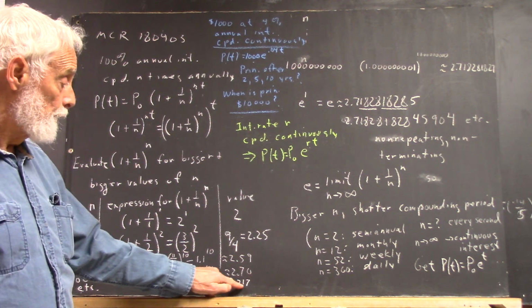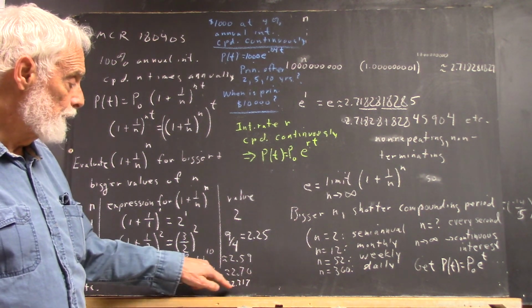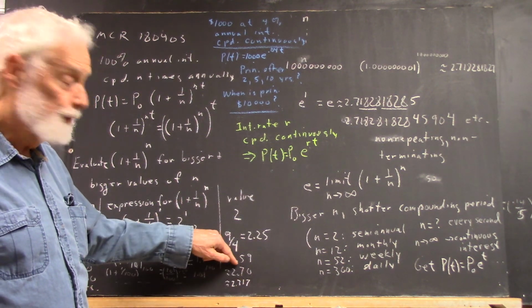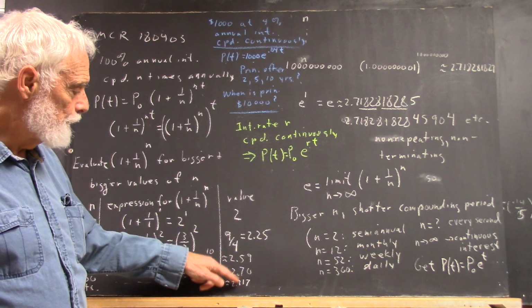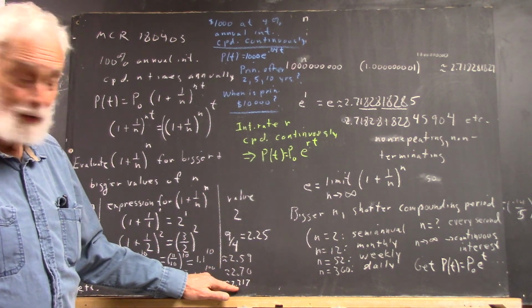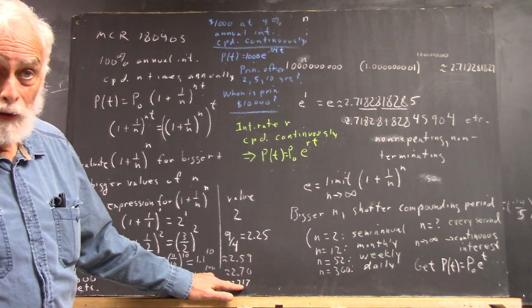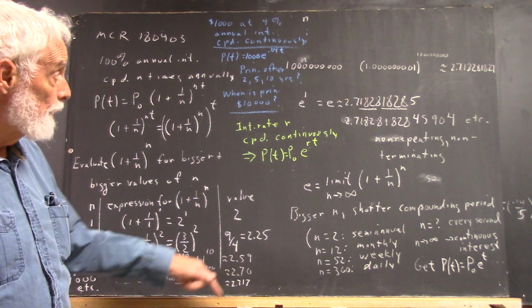Now notice I use 3 decimal places instead of 2, because it's getting pretty clear that this is going to be changing in the future by less than one number in this decimal place, if you just look at the pattern.